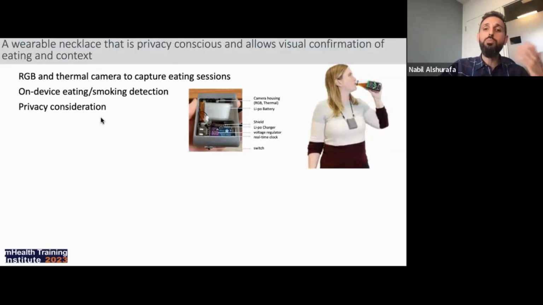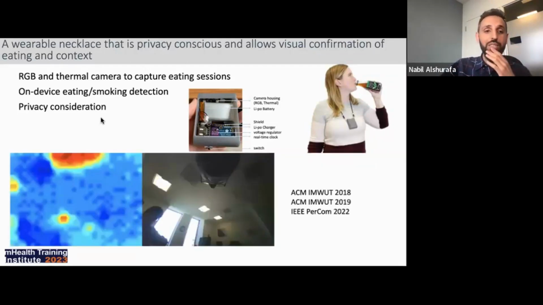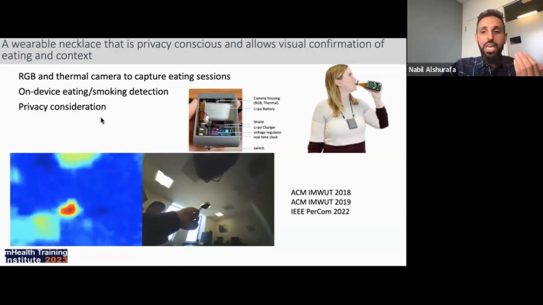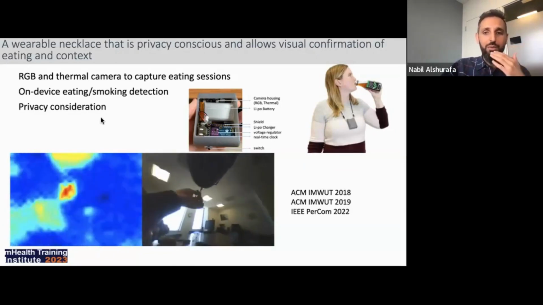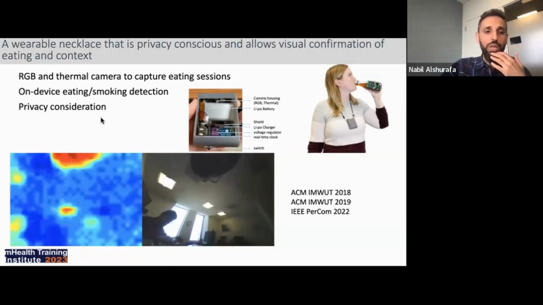So we decided to merge the wearable camera that was used to visually confirm the activity in the field into our necklace. And here we used a thermal sensing array as well as an RGB camera to detect eating events.